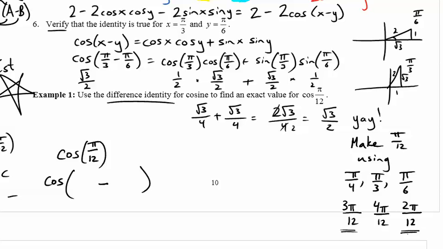Or I could do 4 minus 3. That would give me pi over 12. Let me do 4 minus 3. Why not? So 4 pi over 12, which is the same as pi over 3, minus pi over 4.